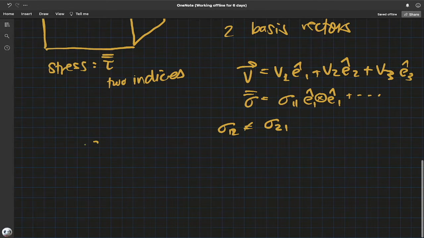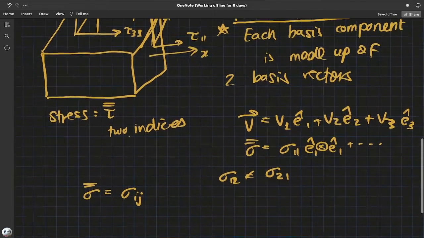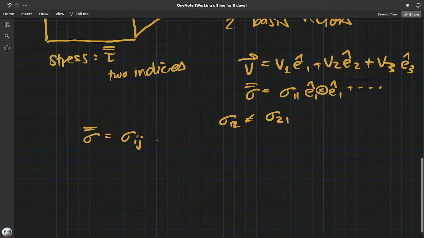Let me point out, if I use Einstein's subscript summation convention, this will look like sigma ij e_i e_j. I'm doing this for the conductivity tensor again. When I don't write anything in between, no dot product, no cross product, it's implied that I have a tensor product going on there. And this guy is not e_i, it's not e_j, it's something entirely new.